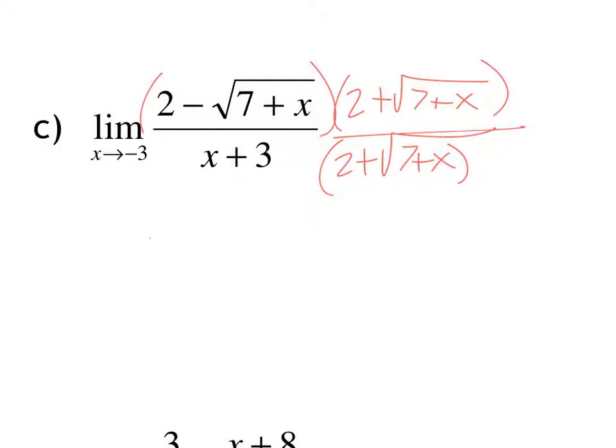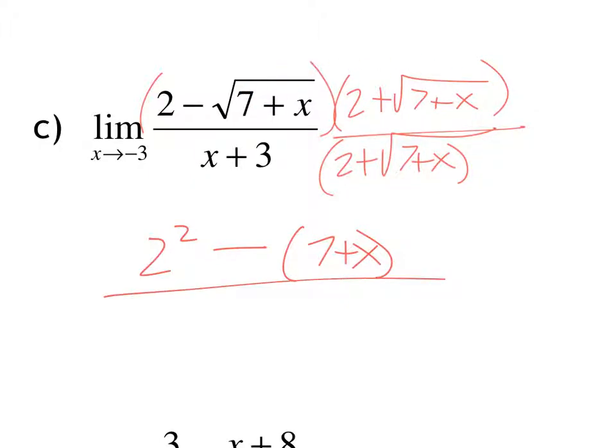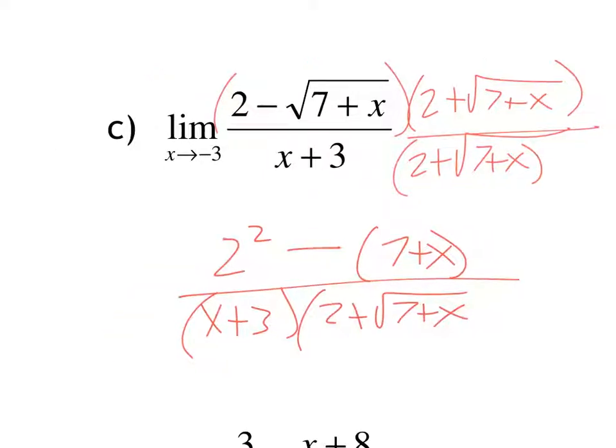We get a squared, which is 2 squared, minus b squared, which is the square root of 7 plus x squared. So when we square these two things, the square root's going to go away. And we don't need the middle terms because they drop out. And we're left with x plus 3 times, don't forget your parentheses, square root of 7 plus x. And that's a limit.